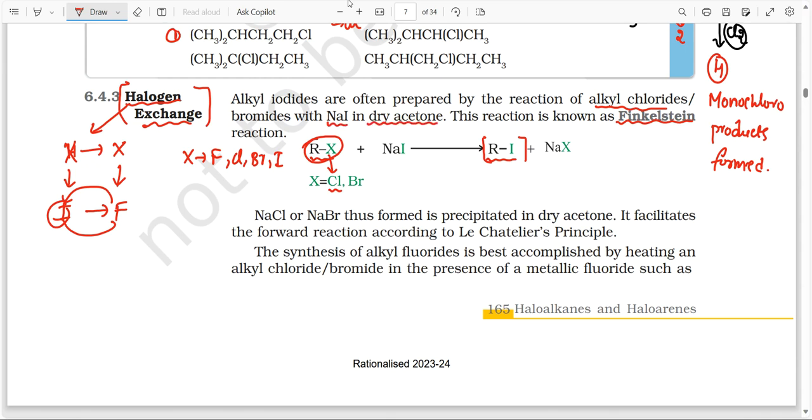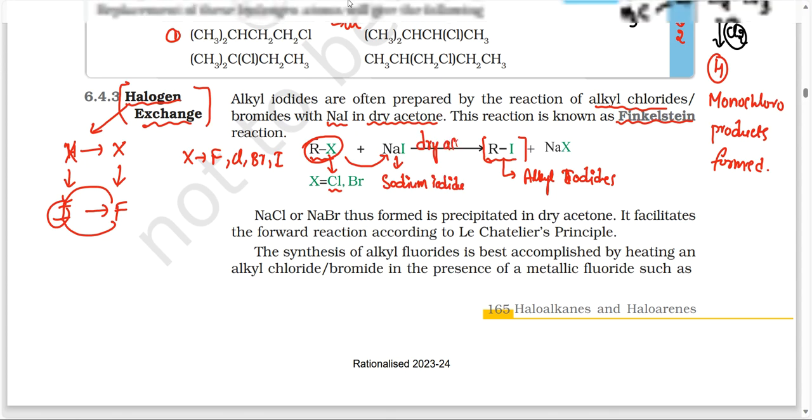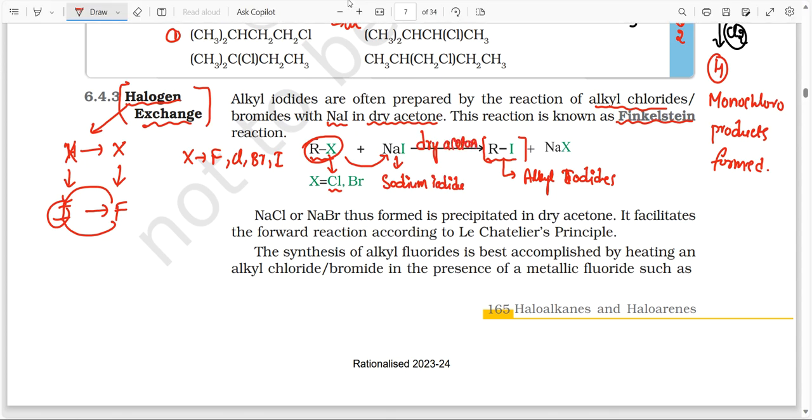So we clearly understand that these alkyl iodides are prepared when alkyl halide is reacted with sodium iodide in the presence of dry acetone.